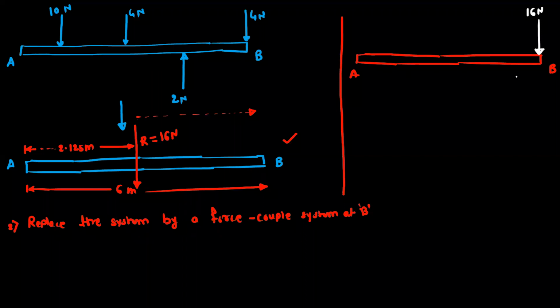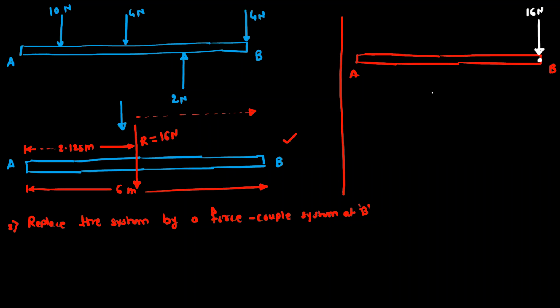Now if you observe this system and this system, the resultant is the same. It is 16 Newton only. But the rotational effect is different. So we have to show the total effect by adding one couple in the system at point B.